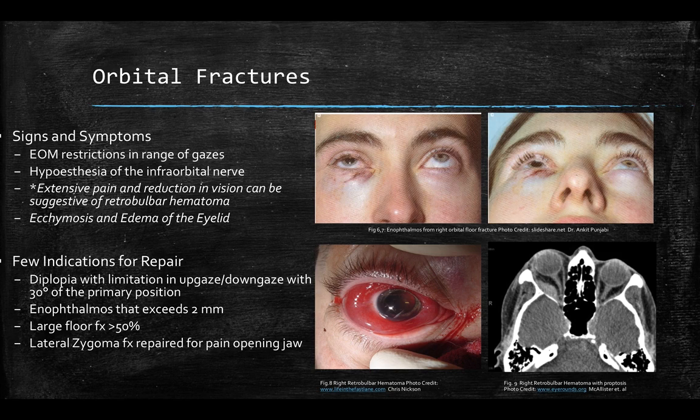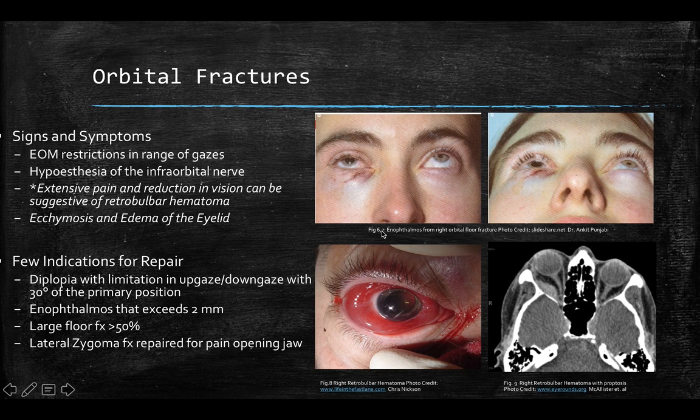If they have enophthalmos that exceeds 2 millimeters, if they have a large floor fracture of greater than 50%, and if they have a lateral zygoma fracture and they have pain opening their jaw, then they're going to go ahead and get a repair done as well.